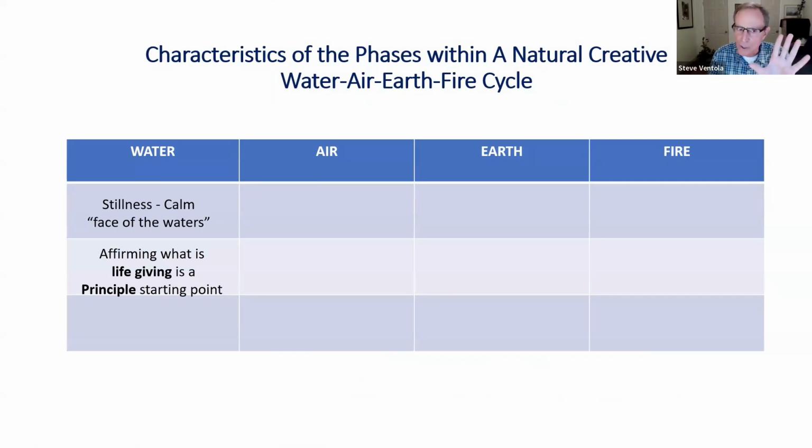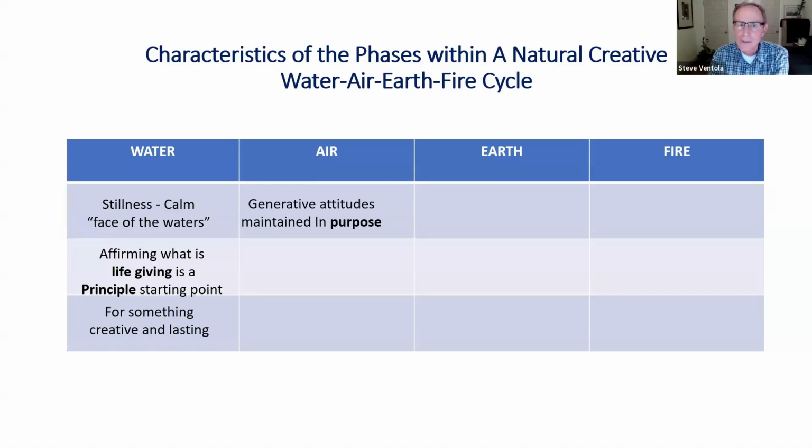So recognize how we start. If we want to really start, and reverse directions if we need to, it is to come back to what it takes to be life-giving as a principal starting point for something creative and lasting. And then air: generative attitudes maintained in purpose.